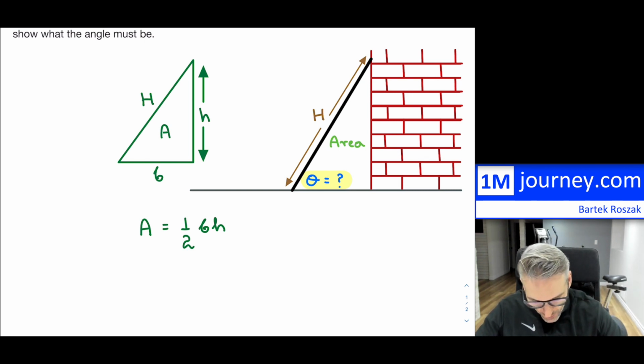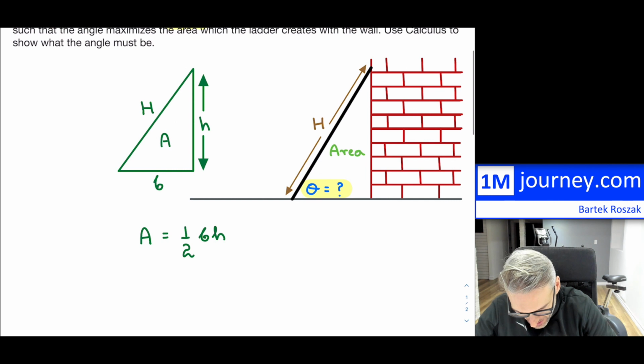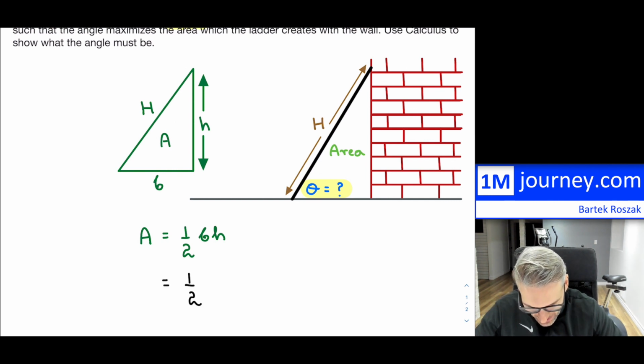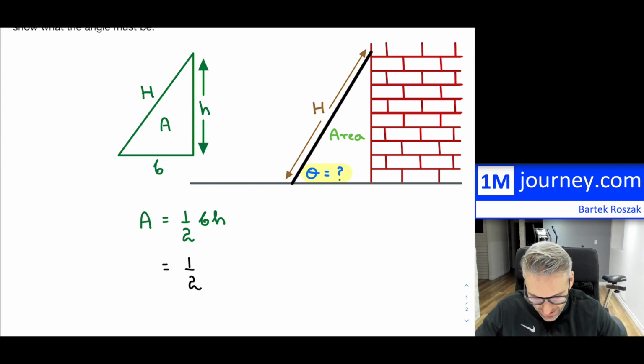Now, of course, this area can be rewritten. What I'm going to do is, the base times height. Because I have chosen theta as my angle, you can put it as x. It doesn't really matter what you choose as that variable. And I'm going to work with degrees, but it doesn't matter again. You can work with radians if you wanted to.